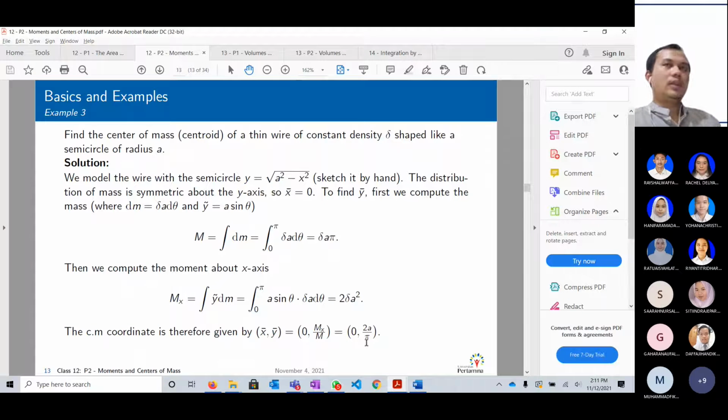But we have to be careful here. I'm telling you that if we have a thin plate shaped like a semicircle, the centroid will be different. It's not this one. If we only have the boundary, the top curve, because the wire is shaped like a semicircle, the center of mass coordinate is this. But if we have a thin plate shaped like a semicircle, the y coordinate will be a bit different.